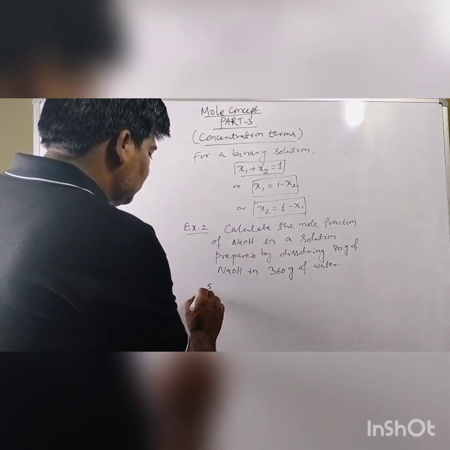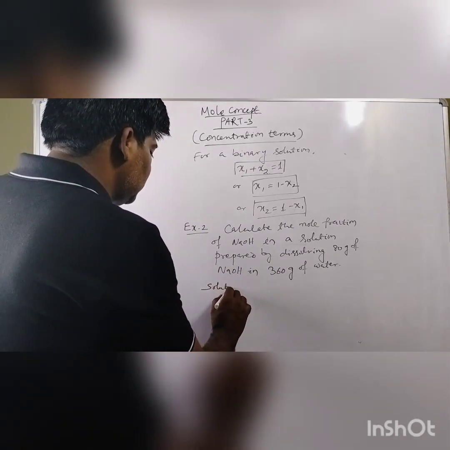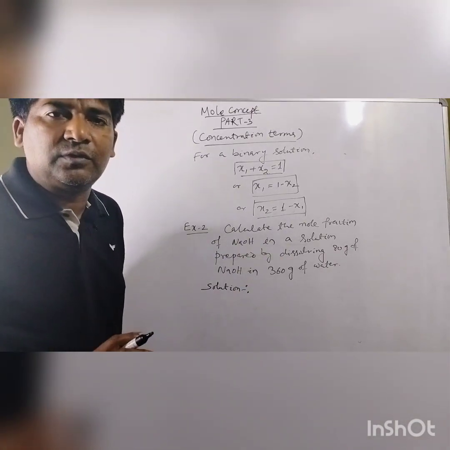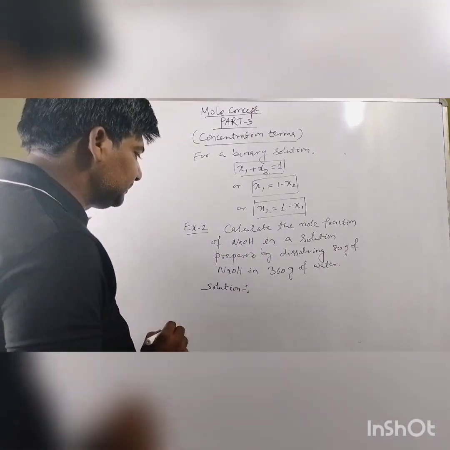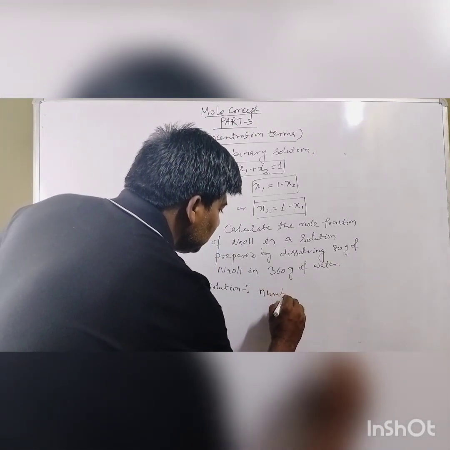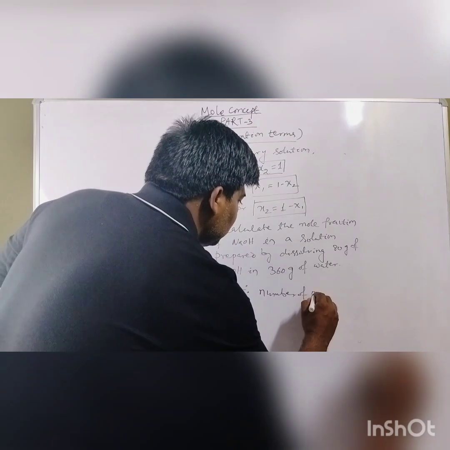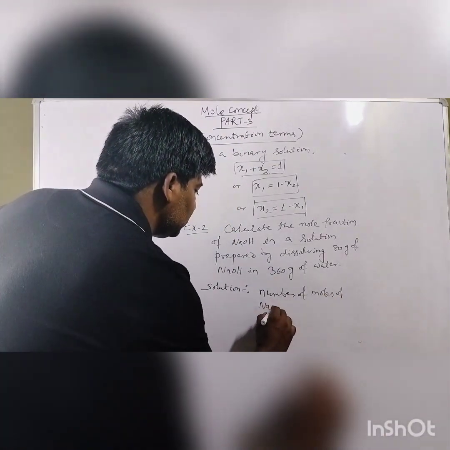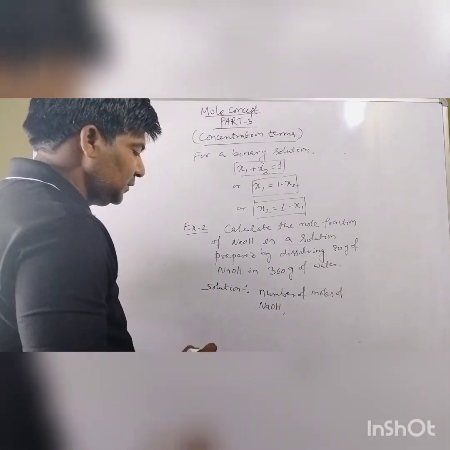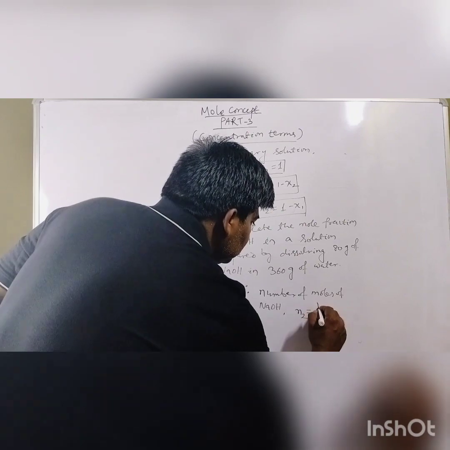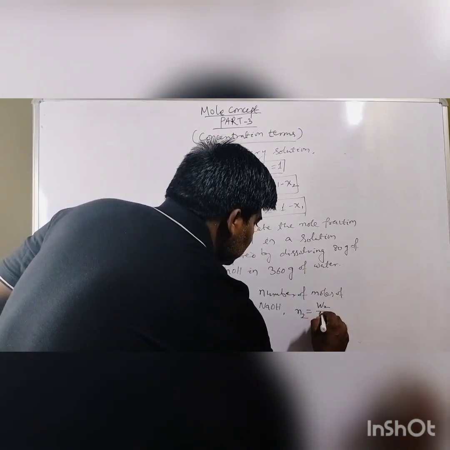So first we have to calculate the number of moles of sodium hydroxide and the number of moles of water. So number of moles of sodium hydroxide, here solute, so we take N2 is equal to W2 by M2.